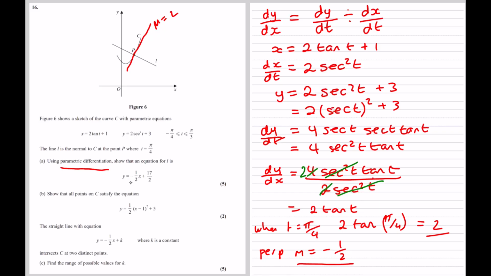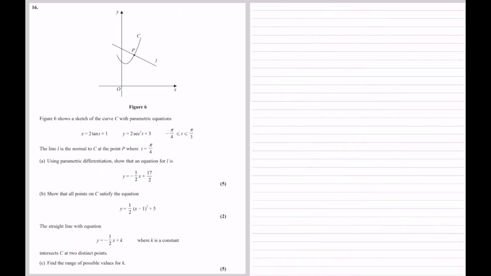So we wanted that. We also need to find the x and y coordinates. So when t is pi over 4, what is x, what is y?